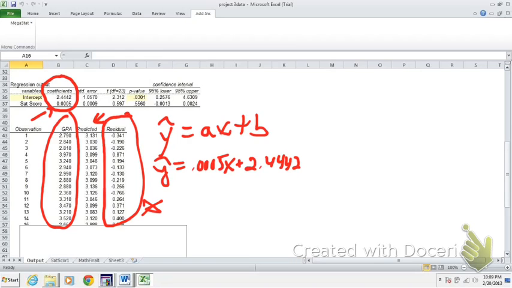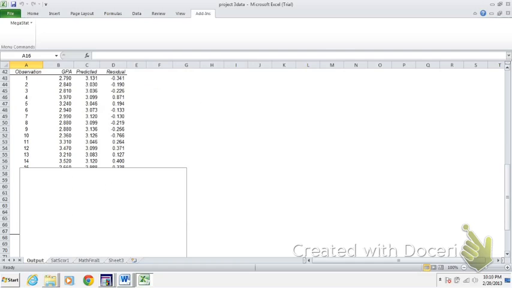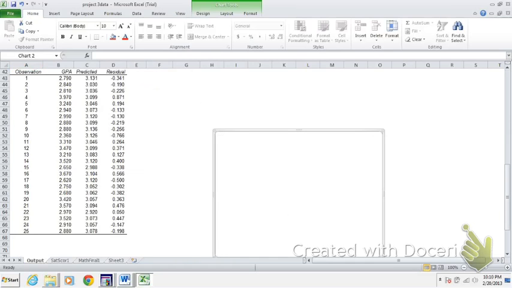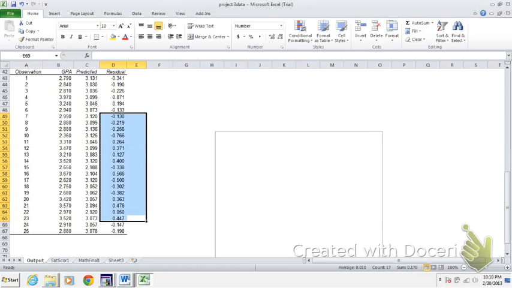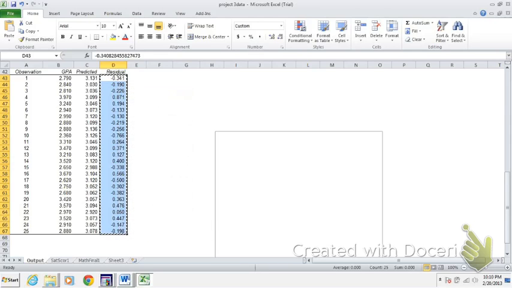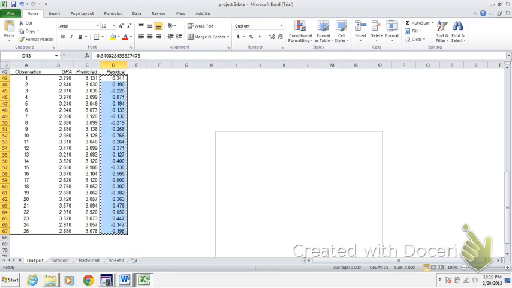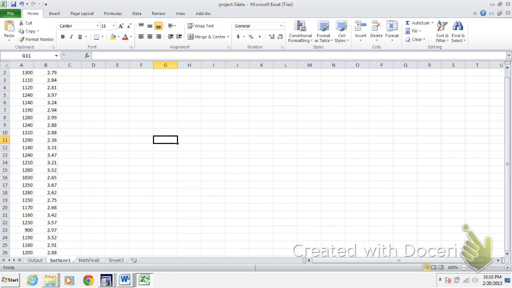And I noticed that it pulled up a blank chart, so it didn't plot the residuals for me, but that's okay. I'll scoot that over. I can plot the residuals myself. So what I'm going to do is I'm going to take all these residuals, okay, let's copy them, and let's put them back into Excel, back onto the spreadsheet.